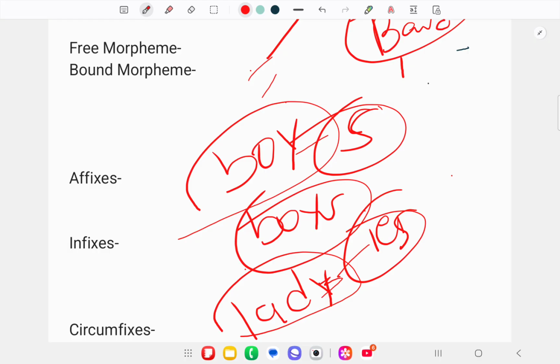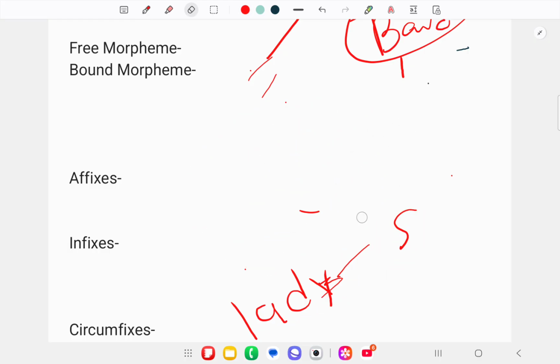But when we talk about the Isthmus Zapotec language, which is spoken in Mexico, to make the plural they use the morpheme in the prefix position.